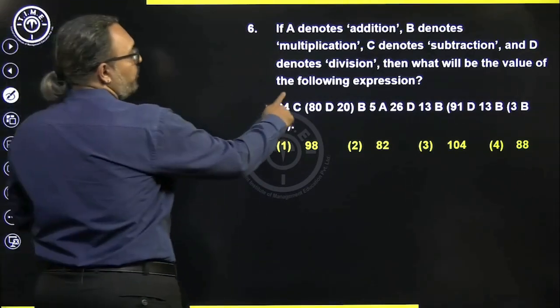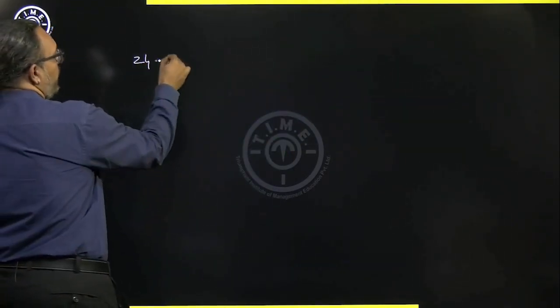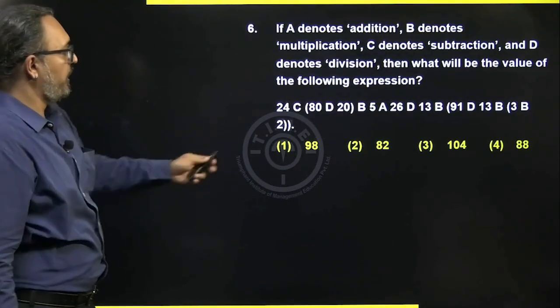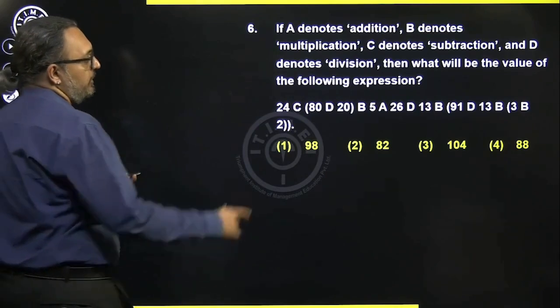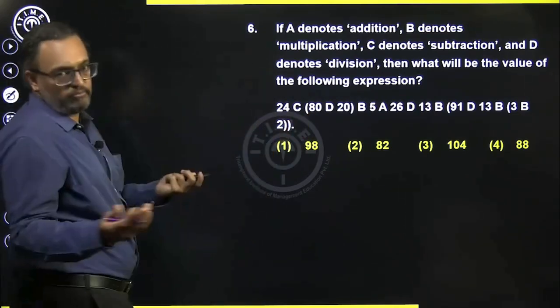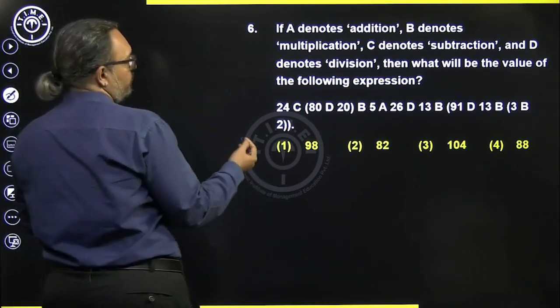Okay. So, 24C. C is subtraction. So, 24 minus, then you have bracket open, 80D. D is division. So, 80 divided by 20. You can directly do. What is 80 divided by 20? It is 4.